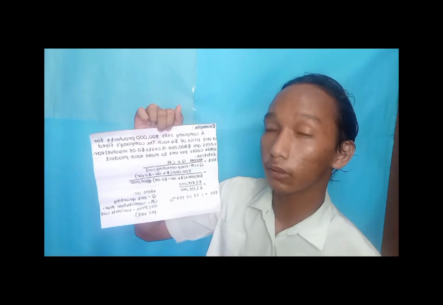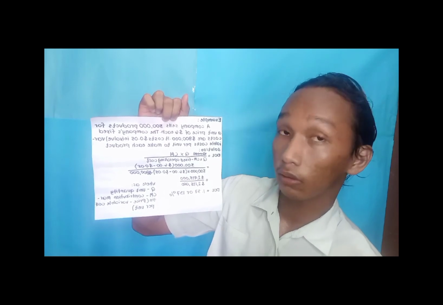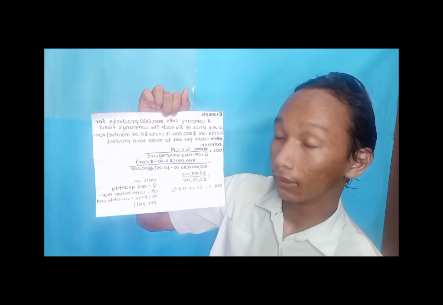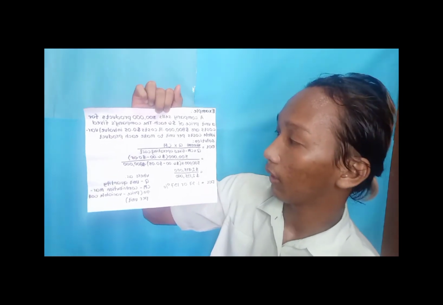So, to get the operating leverage, the formula we will use is: degree of operating leverage equals unit quantity times contribution margin, divided by unit quantity times contribution margin minus operating fixed cost, which is 500,000 times ($6 minus $0.05).